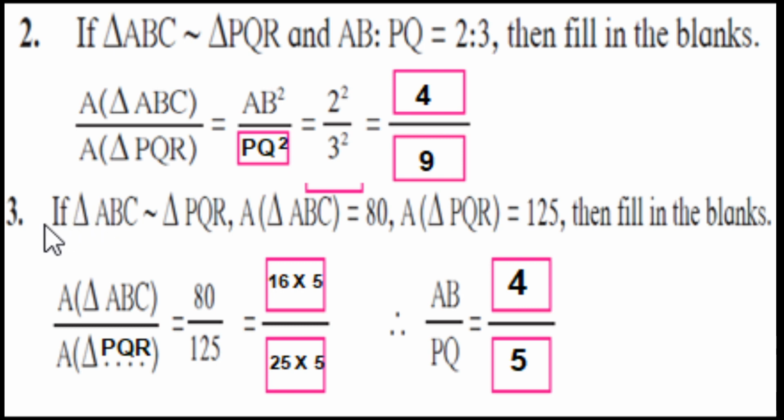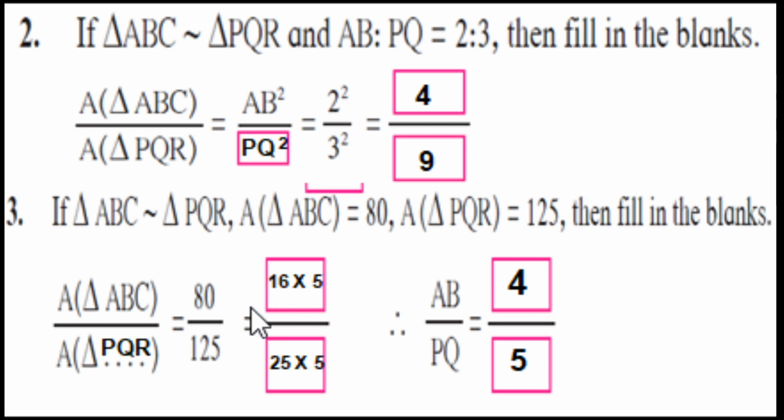Similarly, in question number 3, triangles ABC and PQR are similar. Area of triangle ABC is 80, area of triangle PQR is 125 units. Then we have to fill in the blanks. Area of triangle ABC upon area of triangle PQR is equal to 80 upon 125.